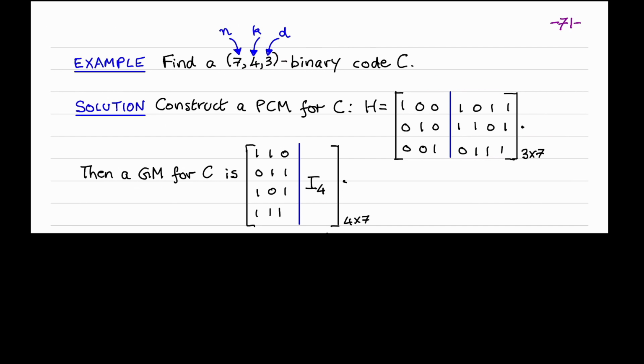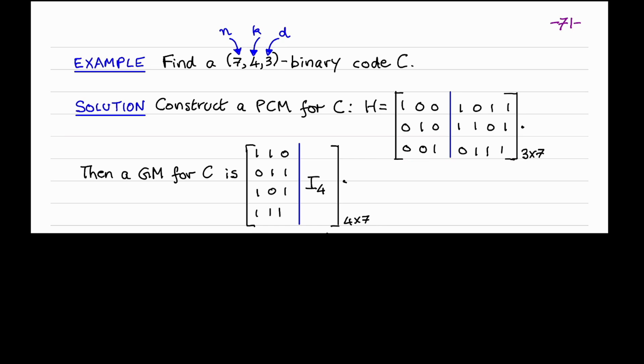So let's construct the PCM. H is a 3 by 7 matrix, and its columns have length 3. I can't use a zero column, and I can't repeat a column. So I must use each of the 7 non-zero binary columns exactly once. I've done this here so that H is in standard form.